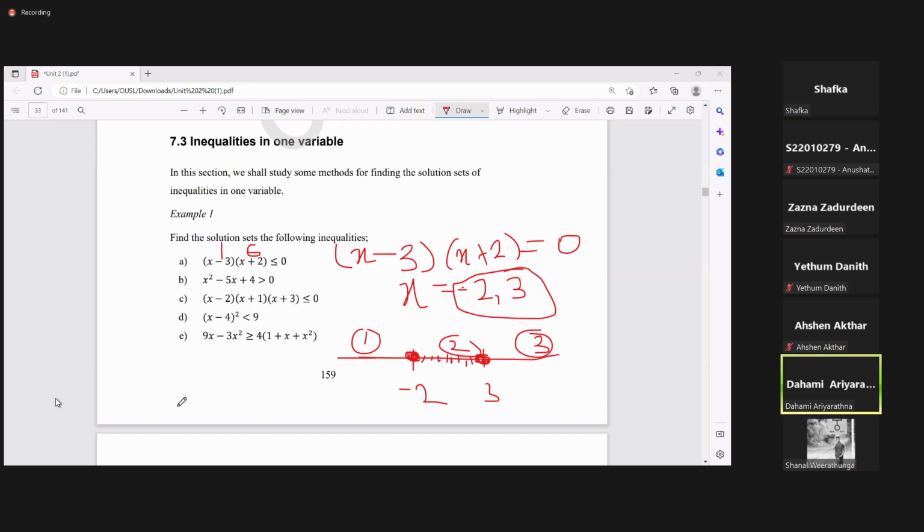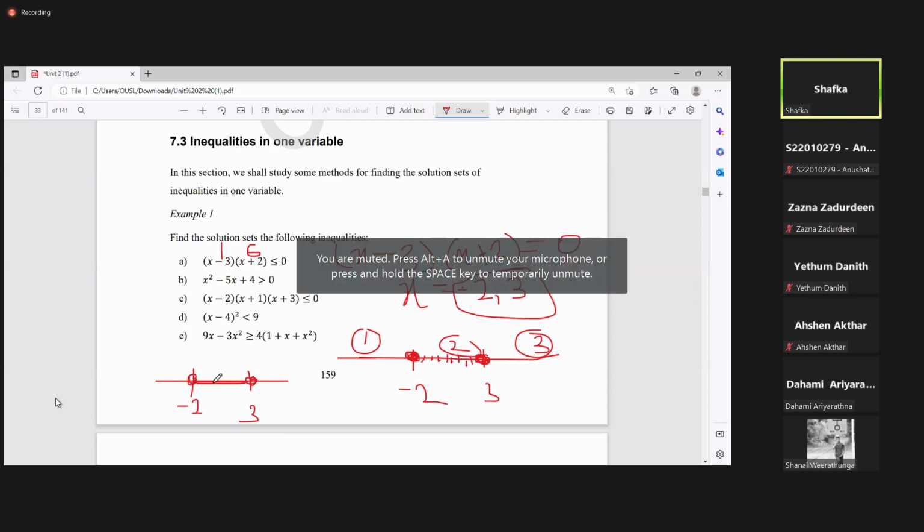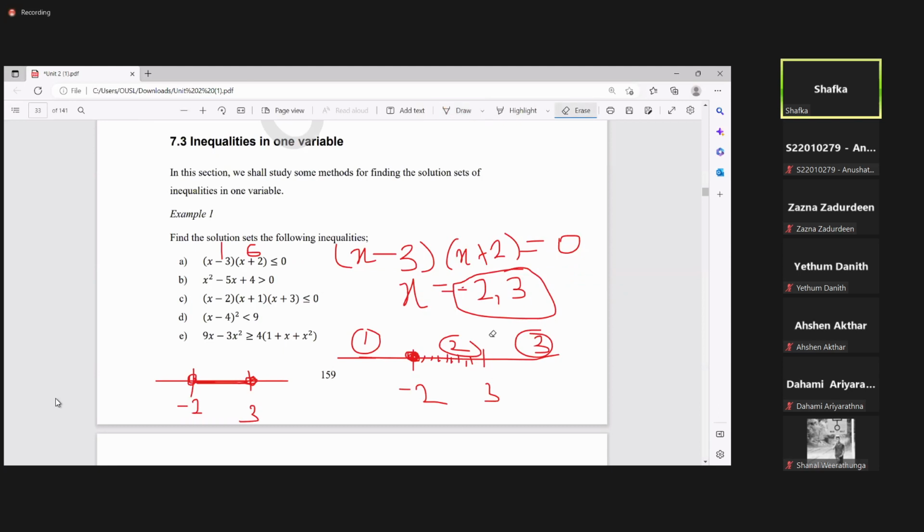Then what is the solution for this inequality? Minus 2 to 3. Any number between minus 2 and 3, and it includes minus 2. So we can write the solution x as minus 2 to 3, this region.